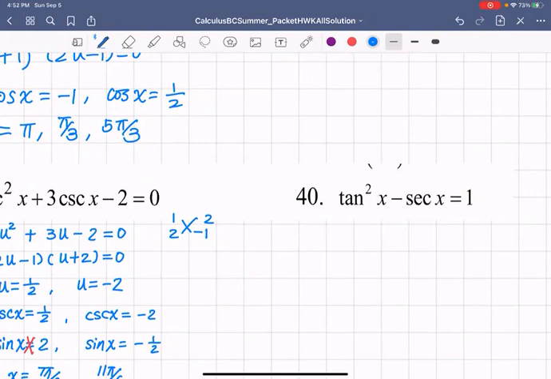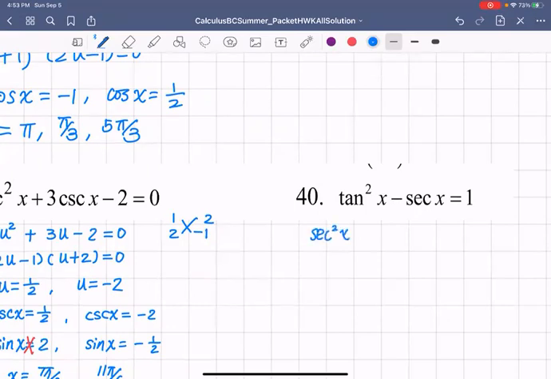Okay, so tangent, I can replace it using one of those trig identities, right? Yes. Okay, so I'll replace tangent squared x with secant squared x minus 1. Good.